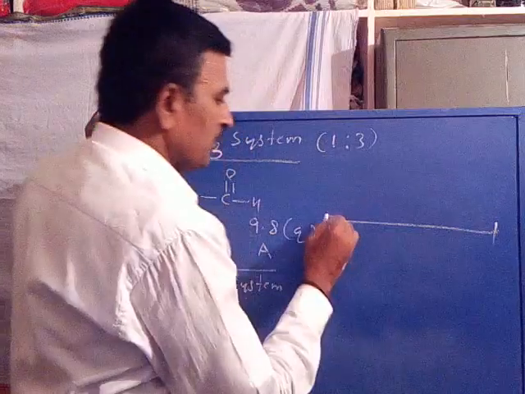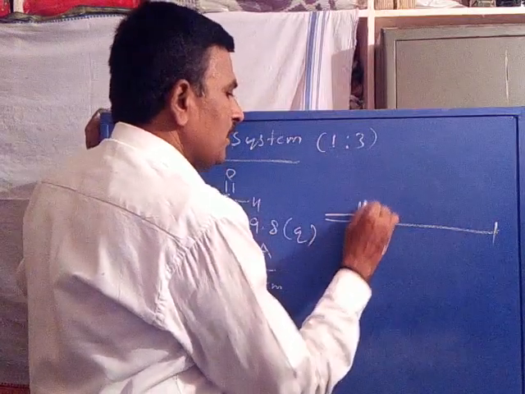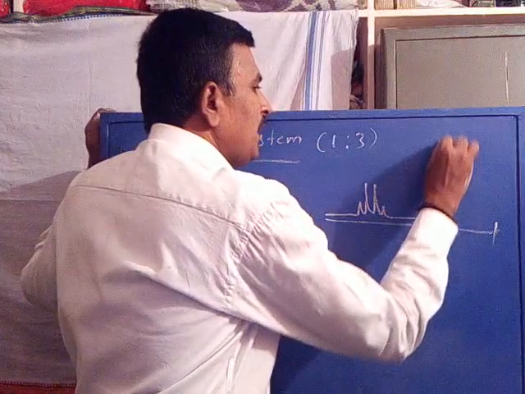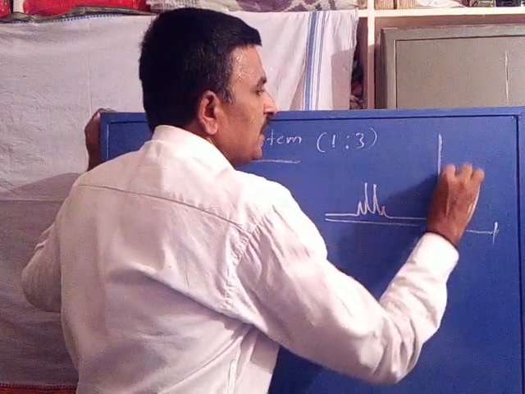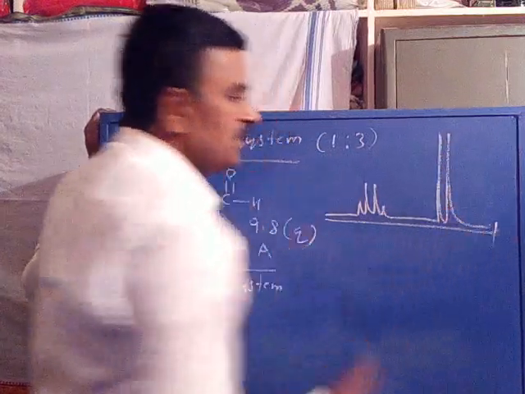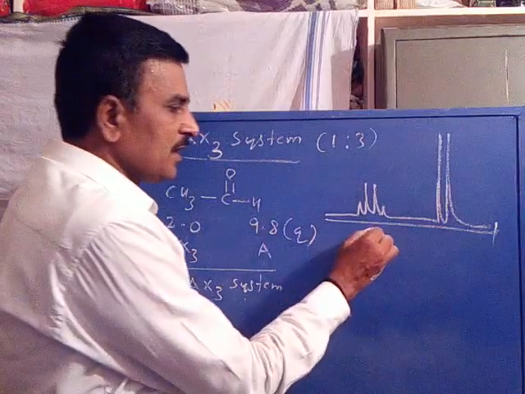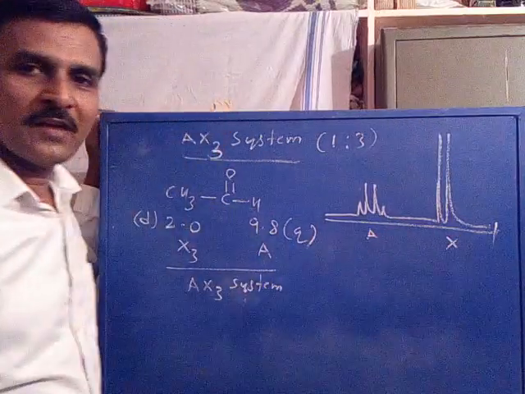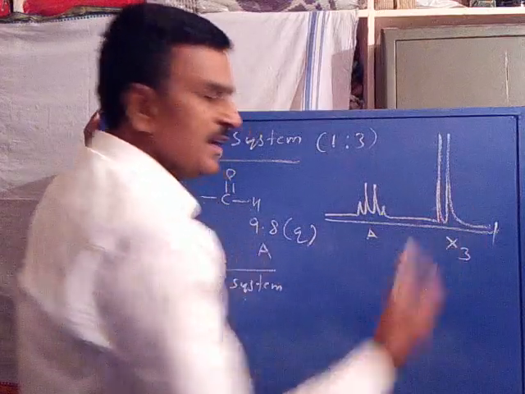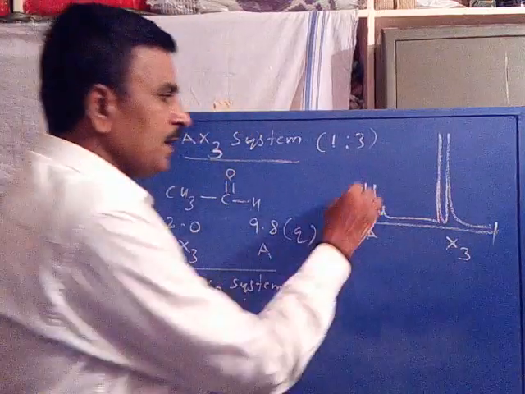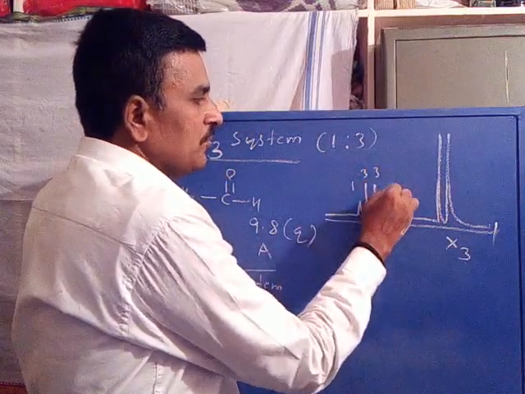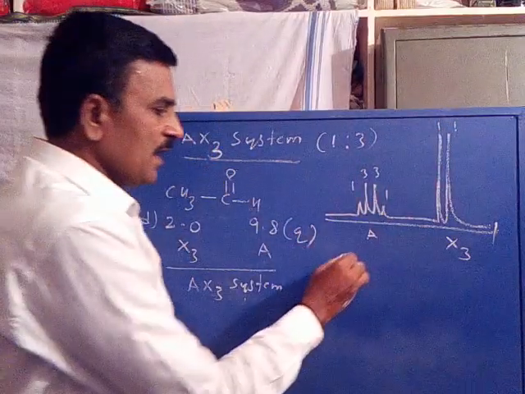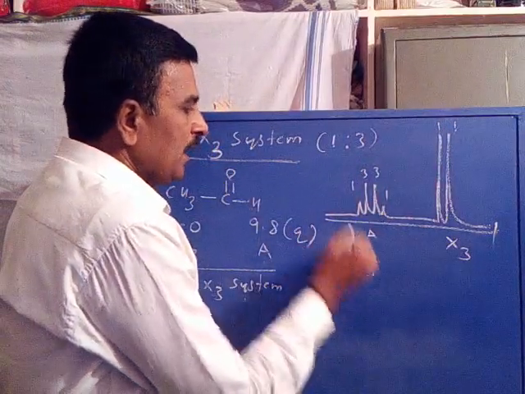Now its spectrum consists of one quartet with 1:3:3:1 intensity and one doublet with 1:1 intensity. This is the spectrum. The quartet corresponds to the A proton, the doublet corresponds to the X proton. This is an AX3 system and first order.